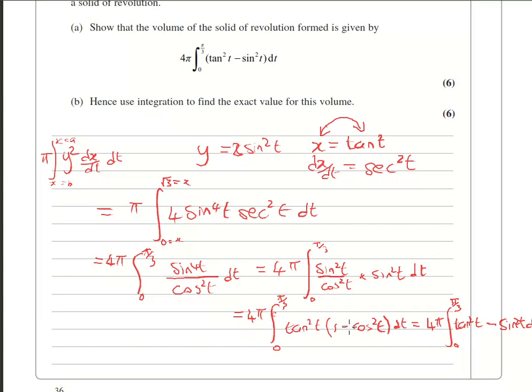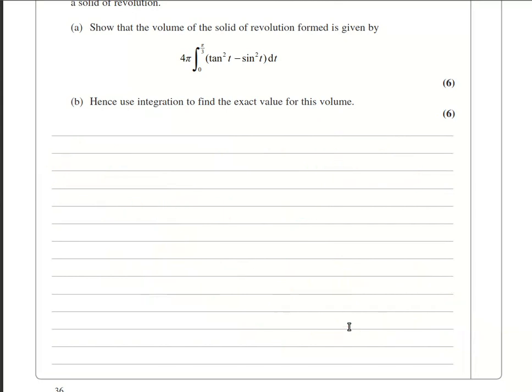Now, for the second part, this is something you could be asked to do, and certainly something I want you to be able to do. So let's have a go at integrating this. Once again, it's about tricks. 4 pi between pi over 3 and 0, tan squared. The trick for tan squared is very different to the trick for tan: rewrite it using 1 plus tan squared is sec squared, so tan squared is sec squared t minus 1.